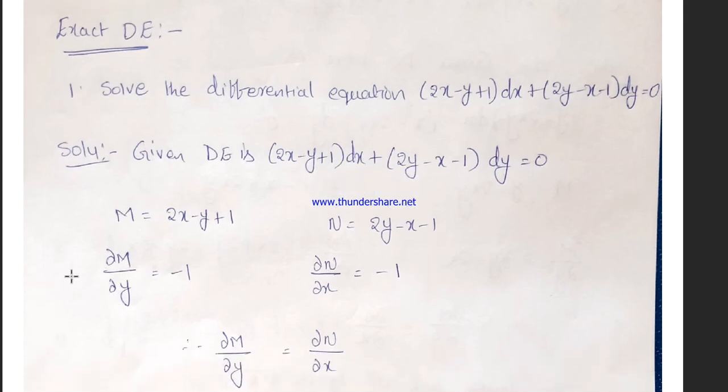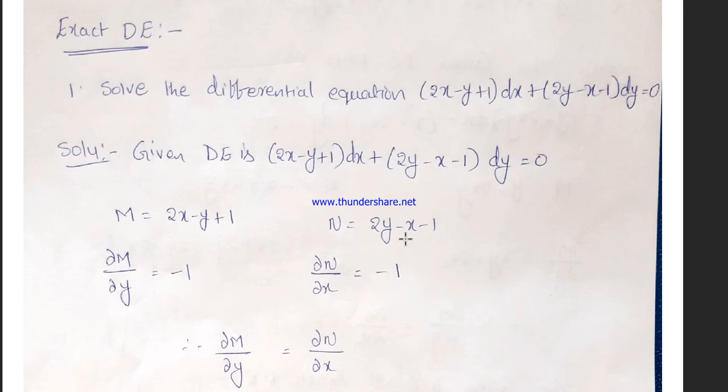So ∂M/∂y, differentiation with respect to y. We already discussed, if you apply partial differentiation, then with respect to y only y is variable, and the remaining variables are considered as constants. So 2x derivative is 0, minus y derivative is 1, plus 1 derivative 0. So that's why we get here minus 1.